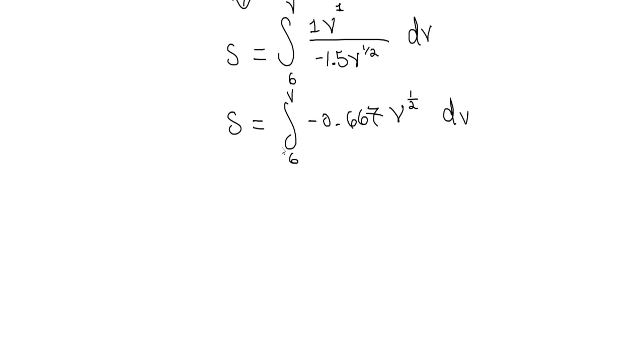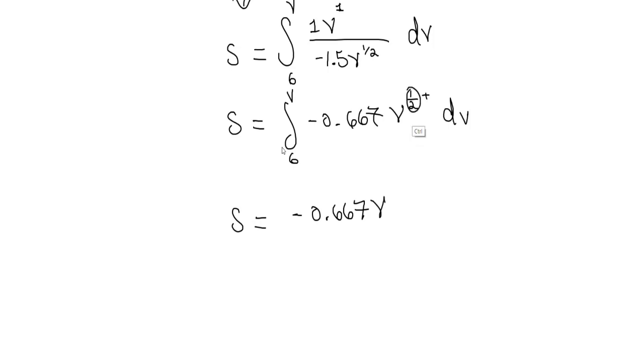Now we're going to apply the integral. So we're going from 6 to v. So the integral of this, it's going to be 1/2 plus 1. And that should give you what? 3 over 2. Then you divide the whole thing by the 3 over 2. So what this should give you, s equals negative 0.667 v.